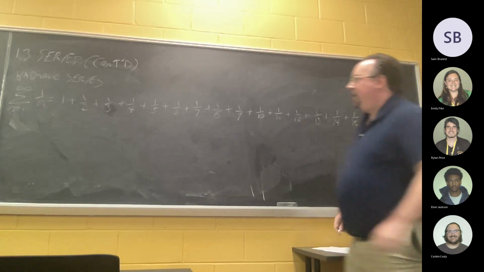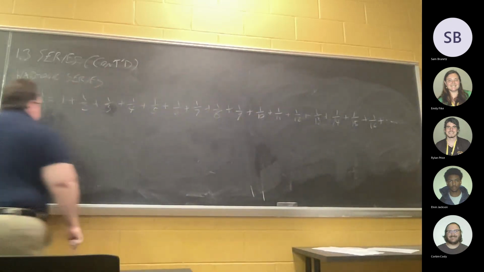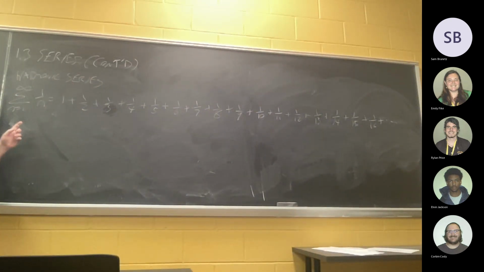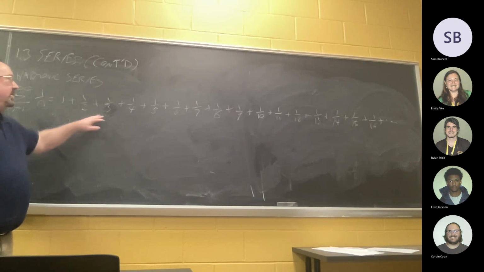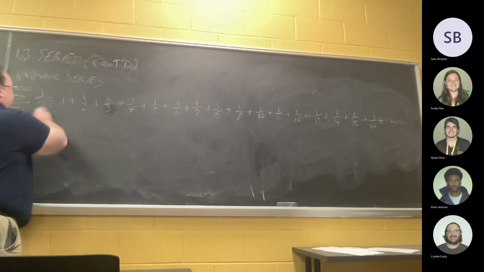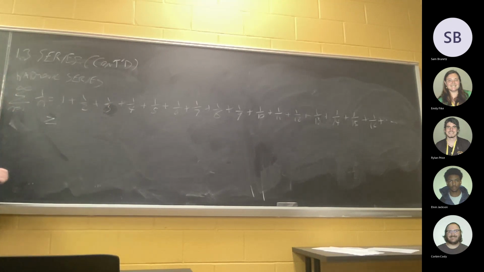Now what I'm going to do is write another sum of fractions that are less than or equal to what we see here. So this sum is greater than or equal to the new one.